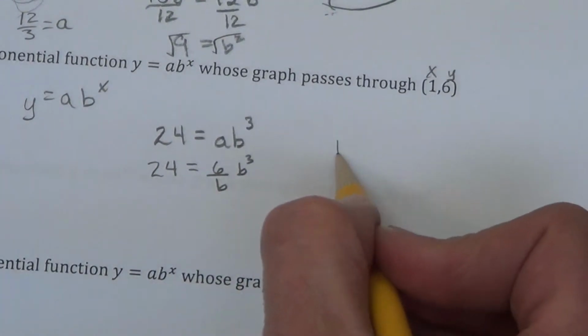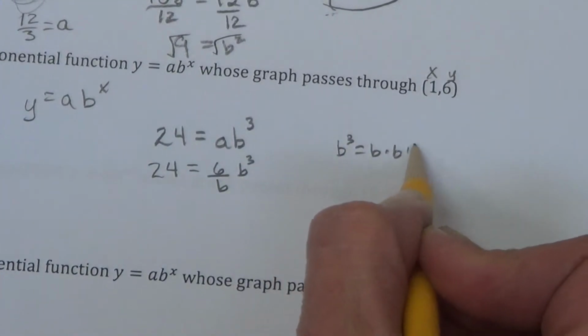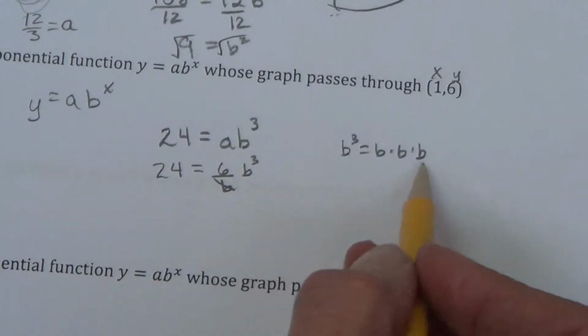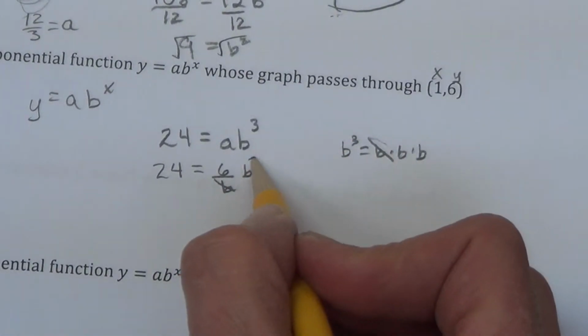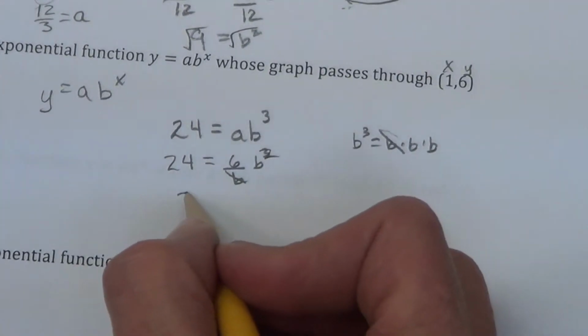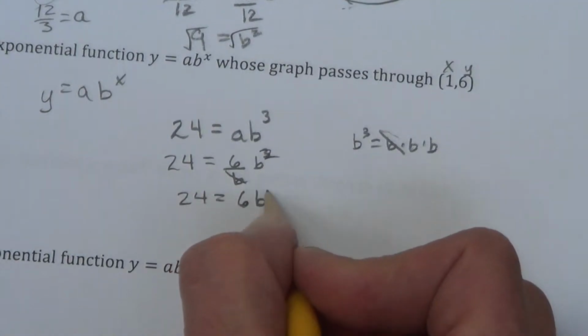Well, again, b cubed is equal to b times b times b. So we can cancel this b with one of those, and that would make it b squared. We have 24 equals 6b squared.